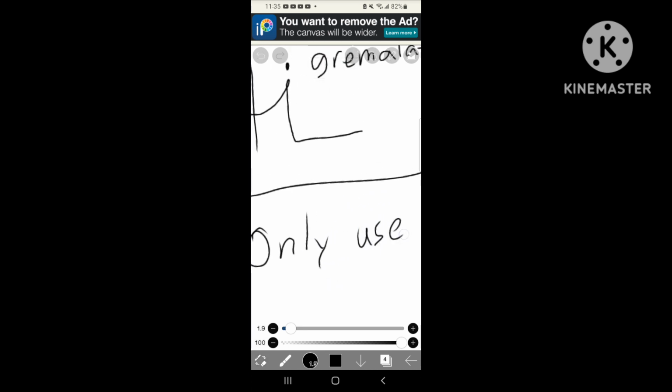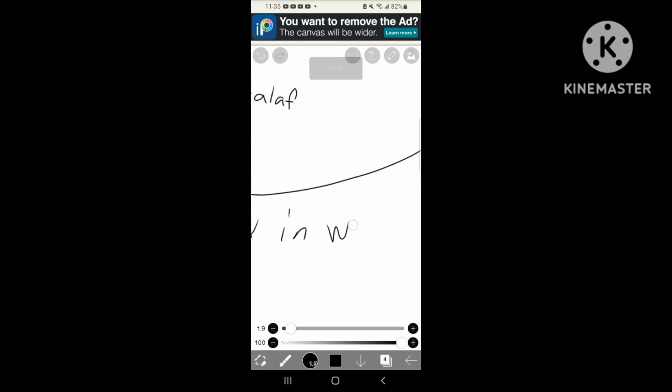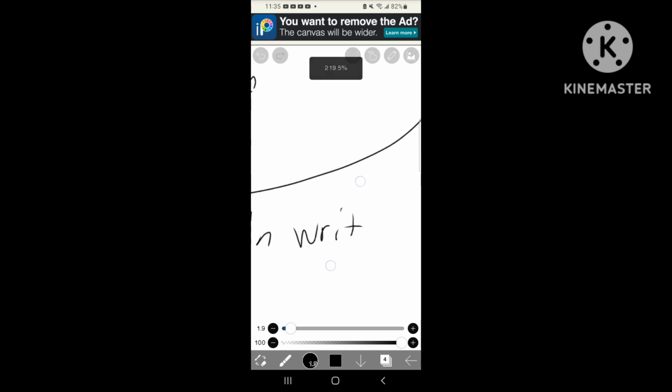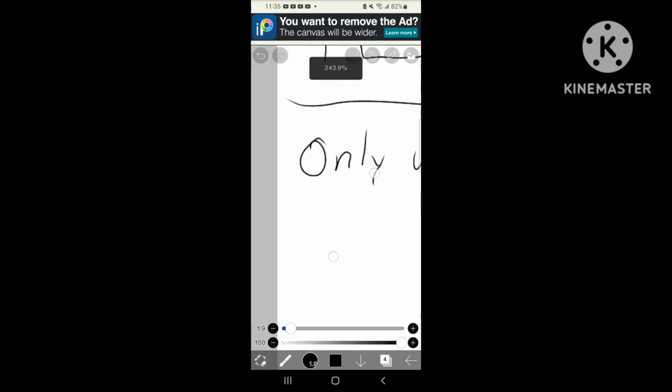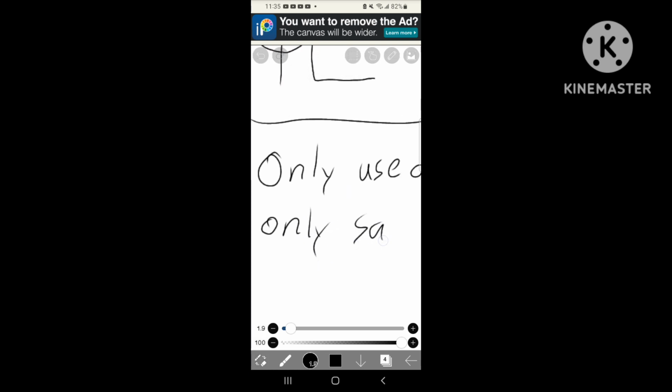Here you're just going to see me write out what I've said before. You only use these characters in written language and in reading. That's the only time that you use these characters.